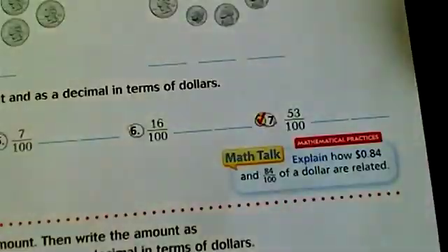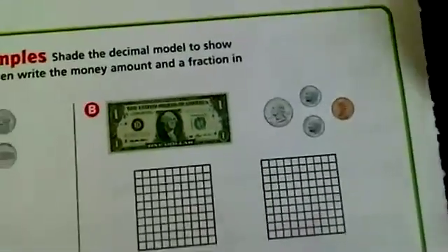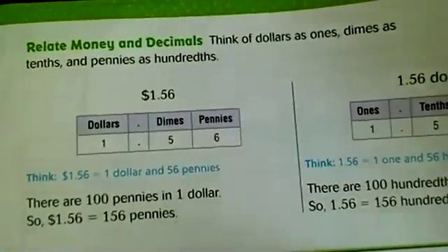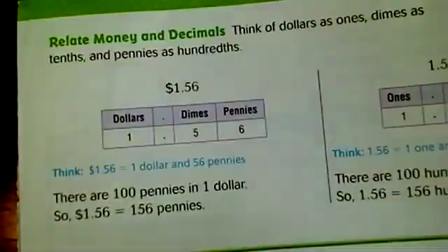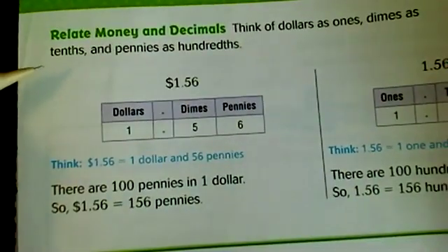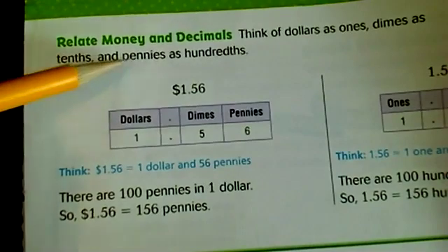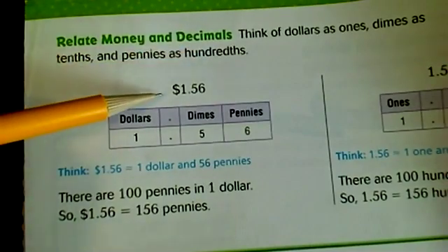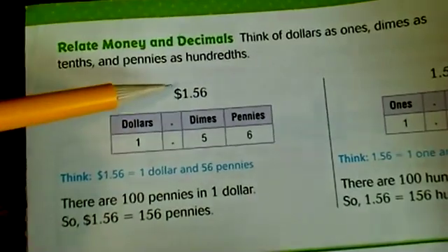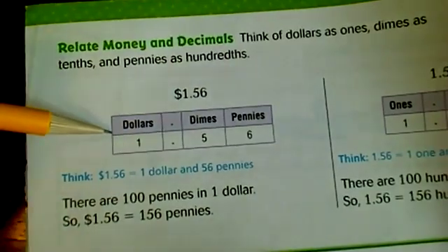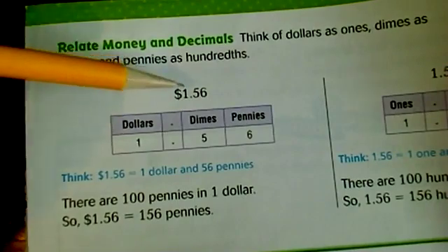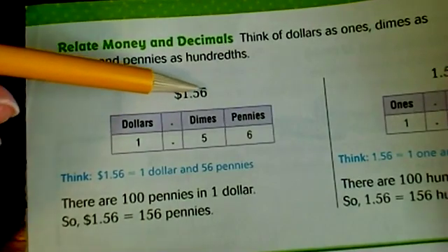All right, let me flip this over. And let's look now at place value. It says, think of dollars as ones, dimes as tenths, and pennies as hundredths. So if we're going to represent on a place value chart, or on this money notation type of chart, we have $1.56.